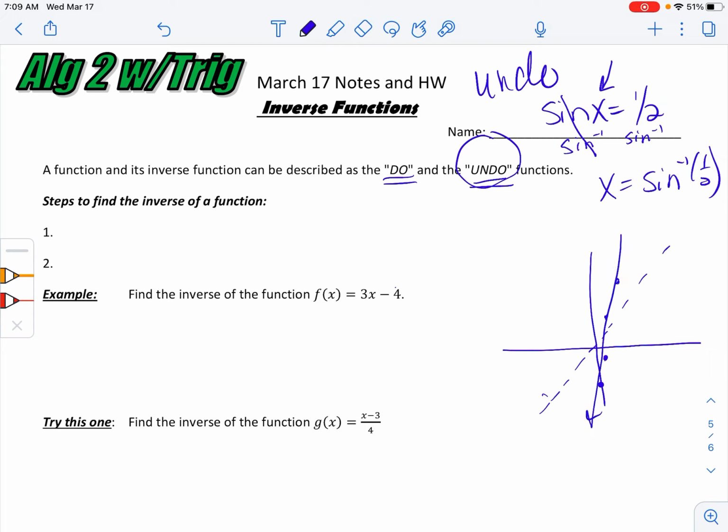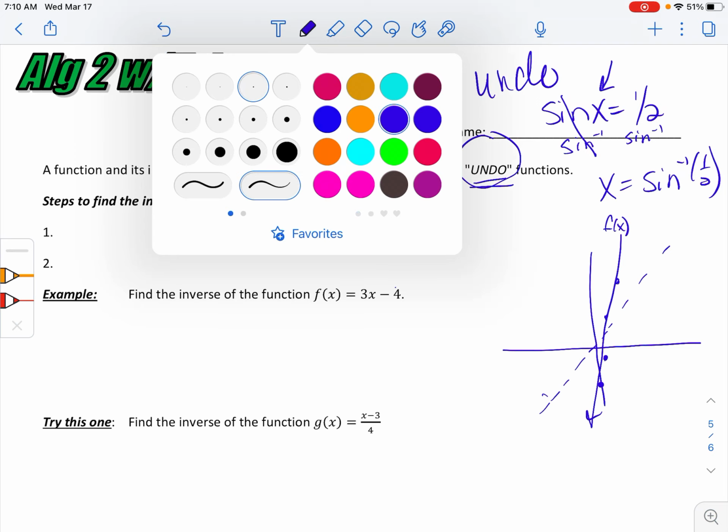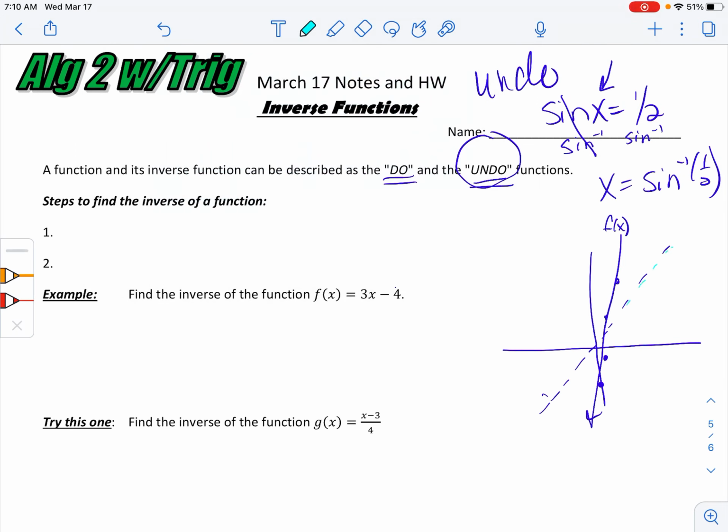So this would be my f of x. What the inverse looks like is a mirror image of that. If I folded along this line, so this would go over here, and then I would have something like this. I want this to mirror image.